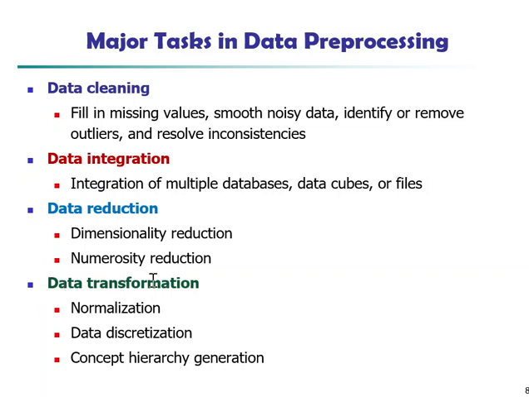Lastly, data transformation is one typical task that we perform. I don't see any mining task that does not involve some sort of data transformation. Normalization is something we mentioned before. Recall last week we standardized SAT and ACT scores.